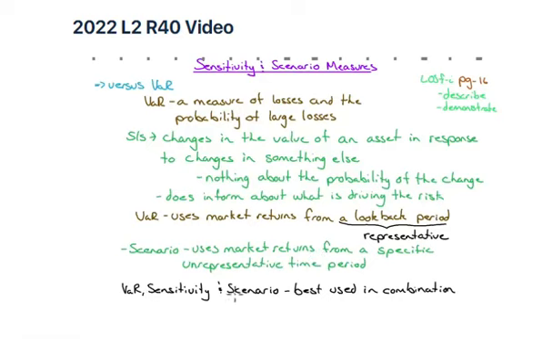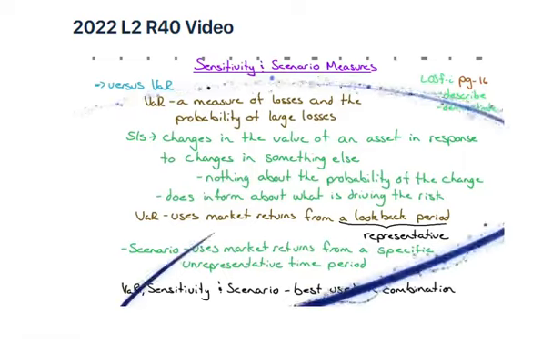VaR, sensitivity, scenario analysis, best used in combination. We get an idea of a representative loss from just normal business conditions, and because the representative period clearly won't have anything unrepresentative, we also get measures of, well, what happens if it's not representative? What happens if something big happens? Here's how we stack up against that.